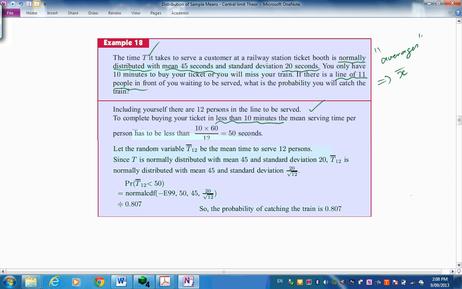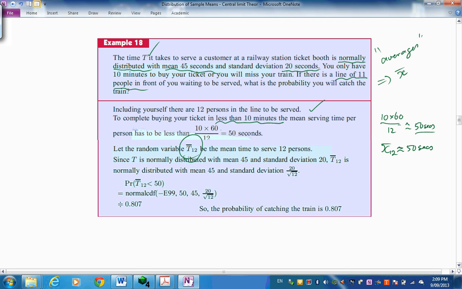So the mean serving time has to be less than what? Well, you've got 10 minutes, 60 seconds a minute, divide by the 12 people, including yourself, is approximately 50 seconds. So the x bar of the 12 people is approximately 50 seconds.